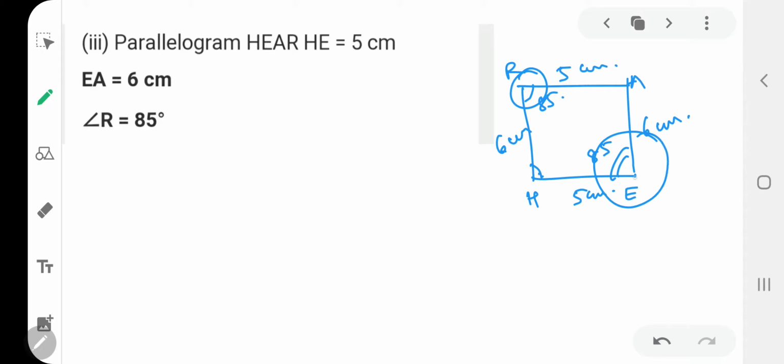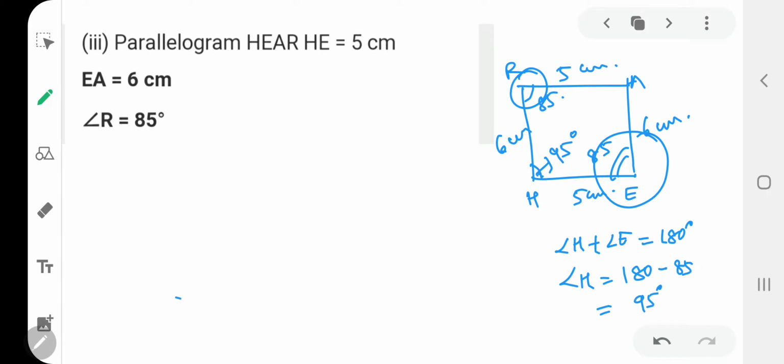And this angle H and angle E, angle H plus angle E is equal to 180 because they are co-interior angles between two parallel lines. So you will get angle H is equal to 180 minus 85. That will be 95 degree. So you got H as 95 degree. Now you can take your main construction part.